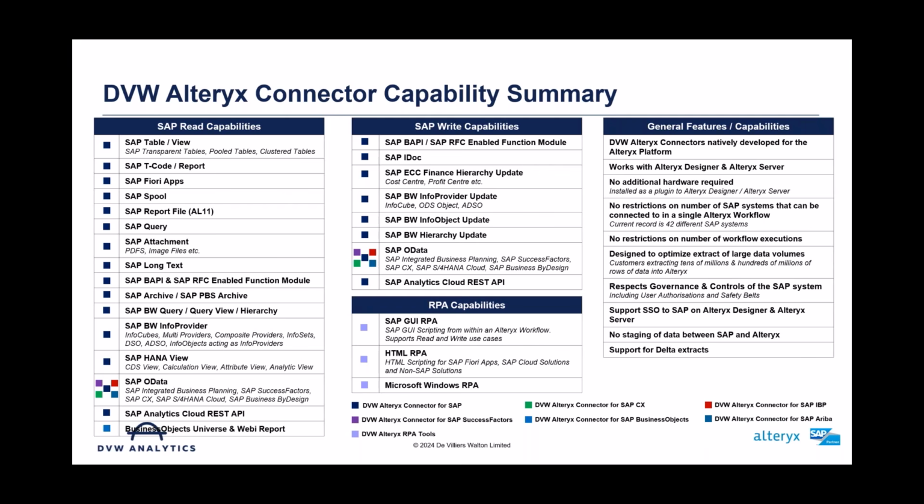On the right side too, however, it's worth noting that all that good standard technology that we use on the desktop, such as iDocs and BAPI and OData, can be used and therefore help to automate flows that write back into SAP. And finally, worth calling out is our RPA capability.